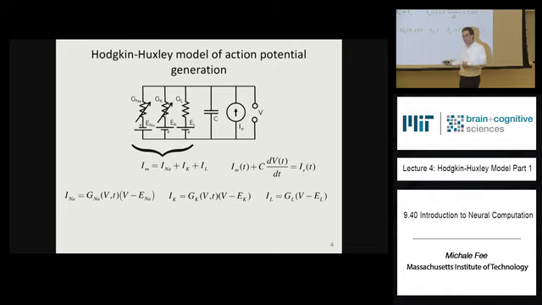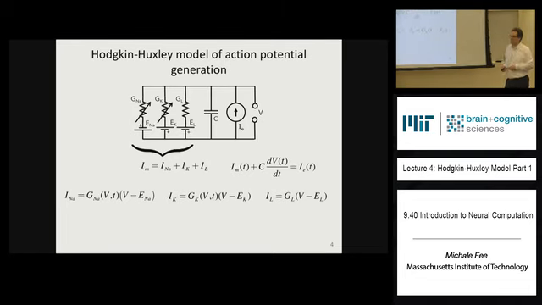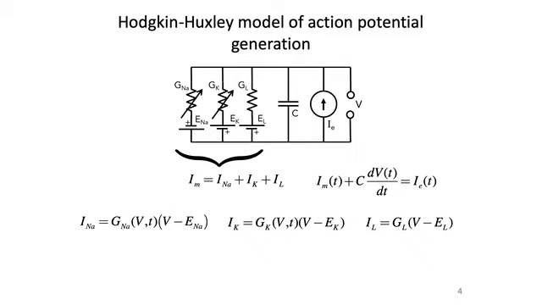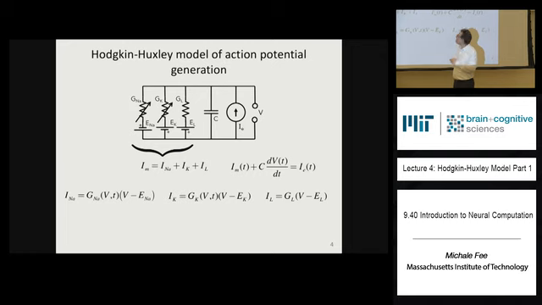So because they have the opposite sign, I've put them in backwards. Does that make sense? Don't worry about that too much. If I ask you to draw this, I don't really care that much which way these things go. I just want you to know that this one is negative on the inside, and the sodium is positive on the inside. This is the inside of the cell here, right?